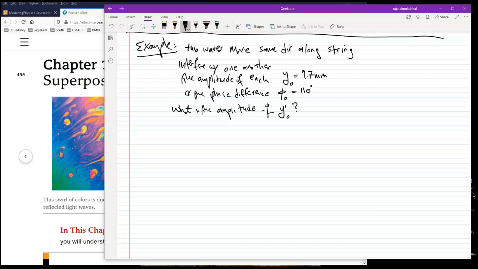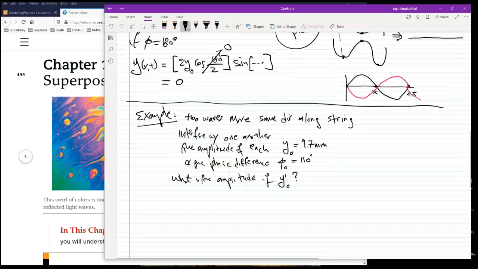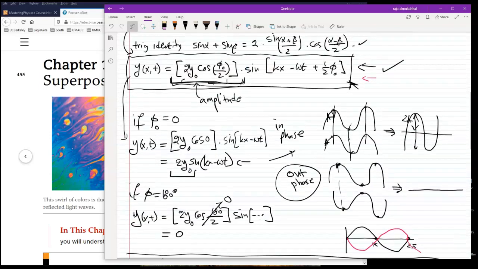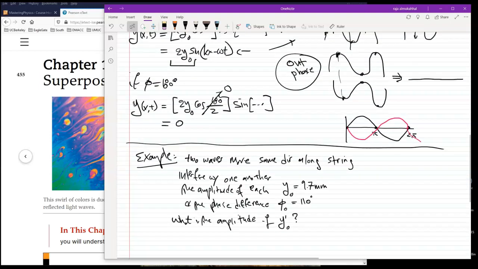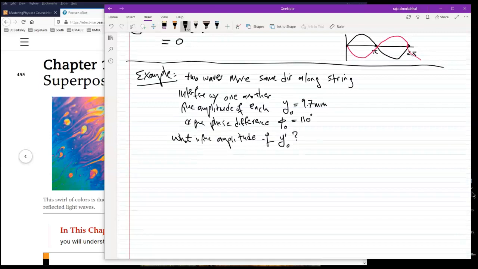So all we need to do is go back to the formula that I have just showed you right here. Shall we call it equation star or something? We go back to this equation right here, and this is the amplitude, right? He wants the amplitude of the superposition. So we're going to take that and write it down. So we have that the amplitude, I'm going to call it y prime naught, is equal to 2y naught cosine phi naught over 2, right?